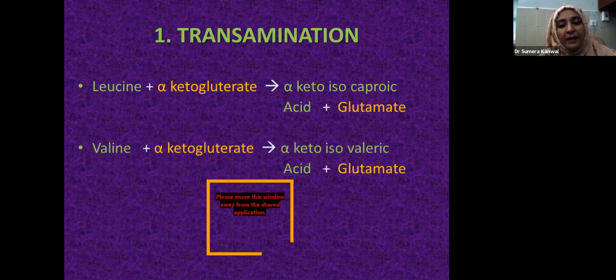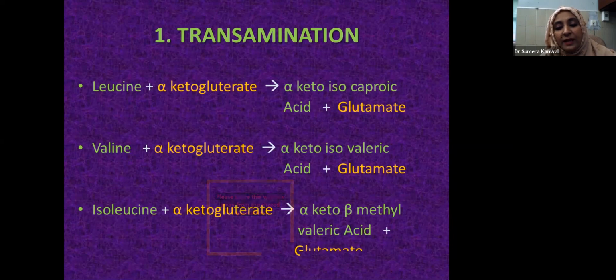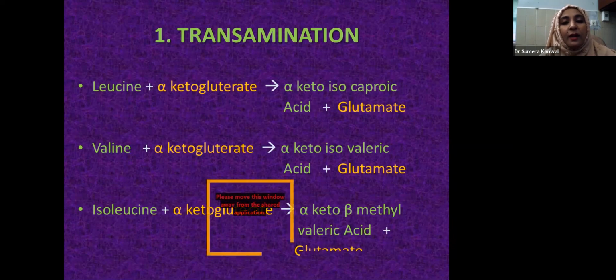Valine, upon transamination, converts into alpha keto isovaleric acid, the keto acid form of valine. Isoleucine, upon transamination, converts into alpha keto beta methyl valeric acid. These alpha keto acids are coming from the transamination of these branched chain amino acids.